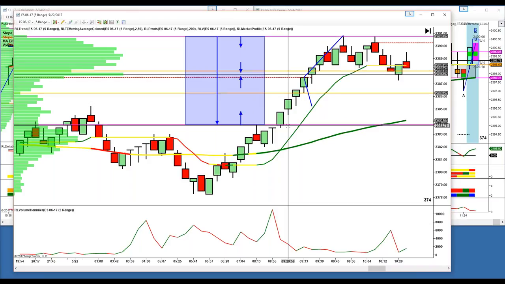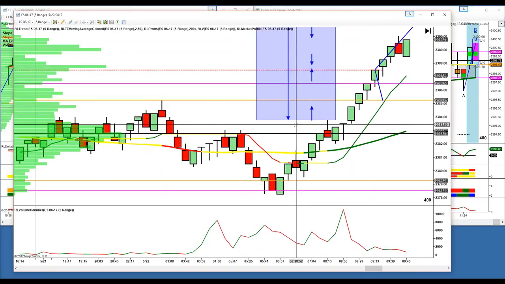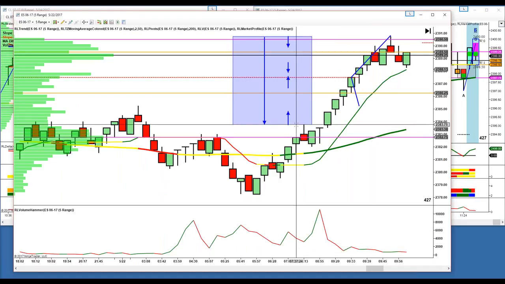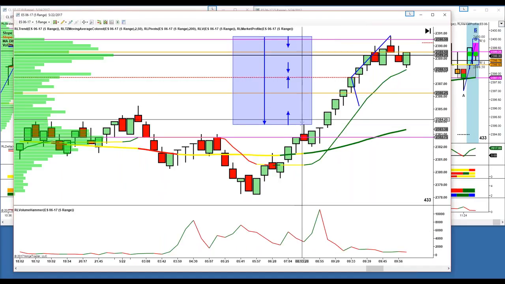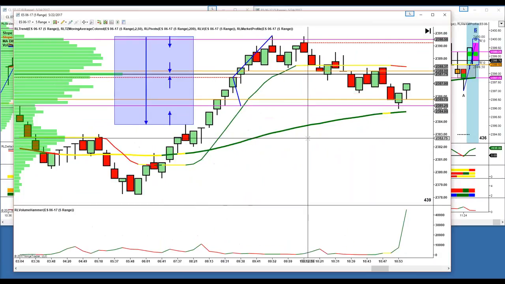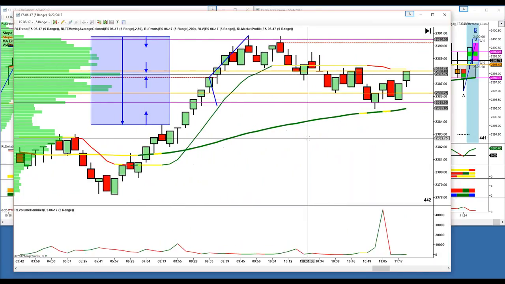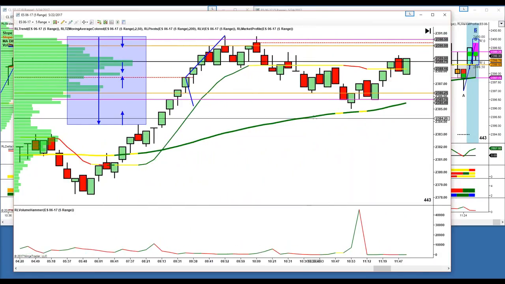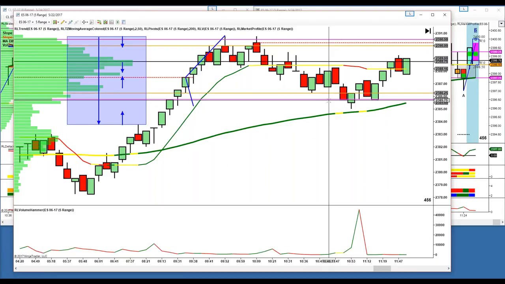of support and resistance. Now, what we did was we went a little bit further, and there's a critical node. There's a low volume node, and here's the low volume node closest to the value area low. Now, low volume node is the opposite of the point of control.